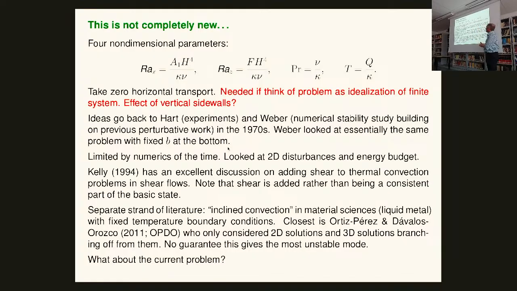There's also a parameter T, which effectively is a horizontal transport. It turns out in this system, you can have an arbitrary horizontal transport at any location. It can't change, but it's any location. That's non-dimensional. And so we're obviously going to take this to be 0, right? Because if I think about the real world, I'm going to have sidewalls somewhere far enough. So I'm going to assume that that's 0.